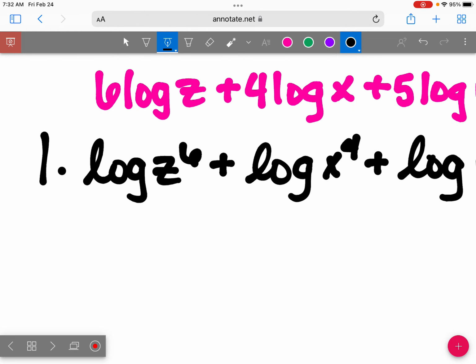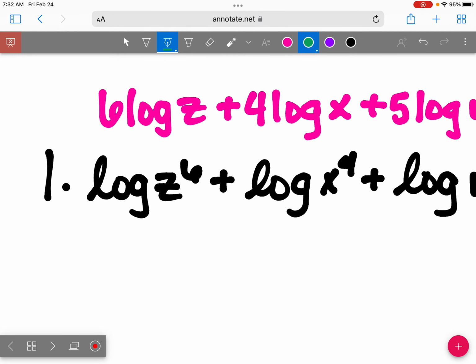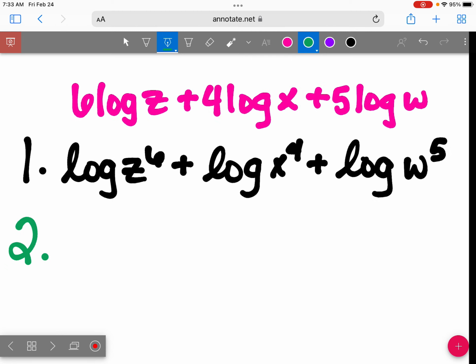Good. Make sense? Okay, second step. Addition becomes multiplication, so what do we end up with?